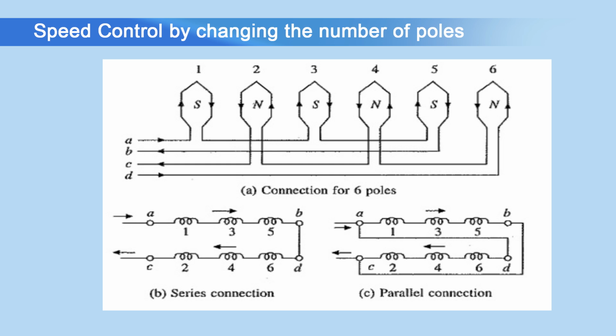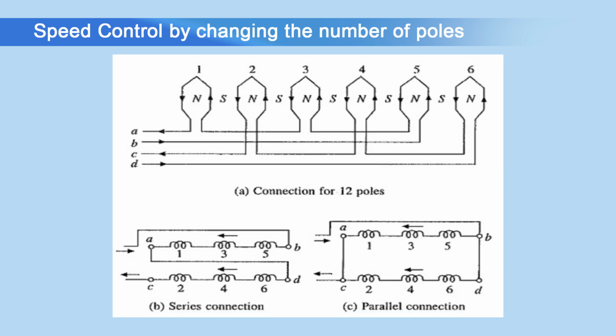Just observe the flow of current between the coils 1, 3, 4, 5, 6, we are getting north pole, and in between these as south pole is created. So this is connection for 12 poles. Those same set is producing 6 pole and 12 poles. Again the stator pole for 12 poles series and parallel connections are given, shown in the figure.